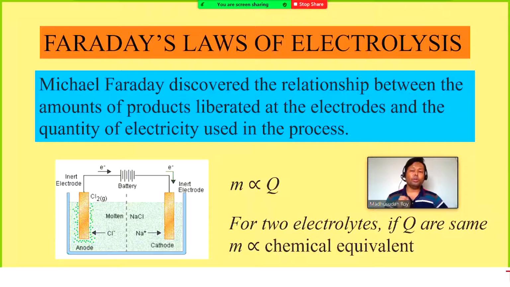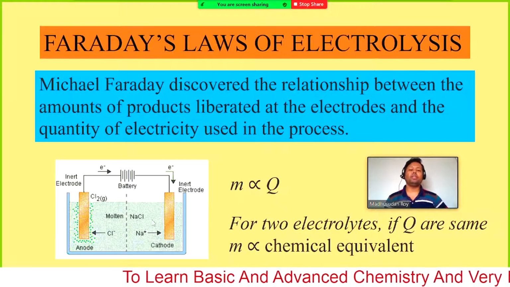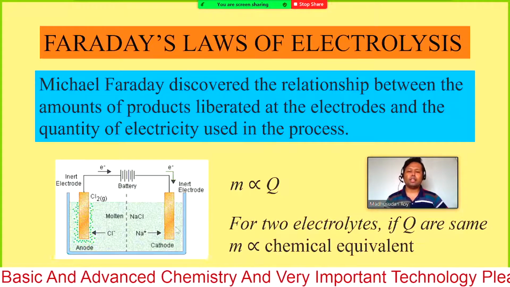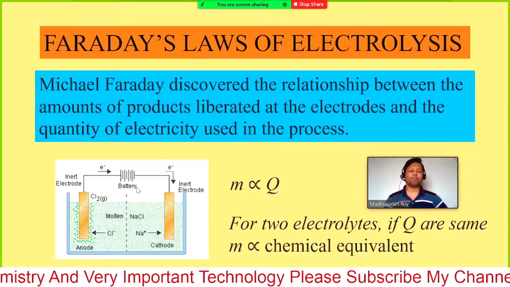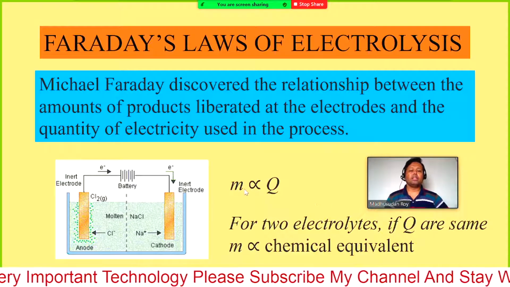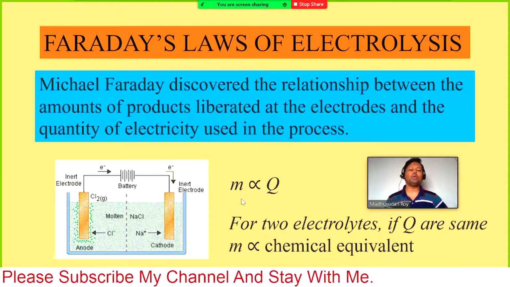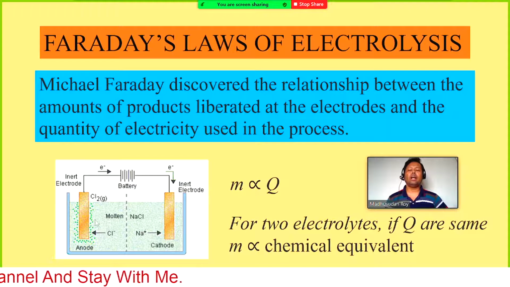You can know by the formula that Michael Faraday discovered, the relation between how much substance will be deposited and how much electricity is supplied. That means the amount of substance deposited, M, is directly proportional to the electricity supplied through the electrode or electrolyte.